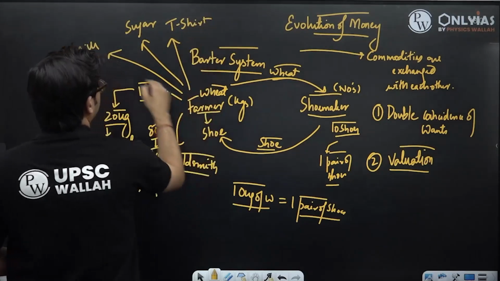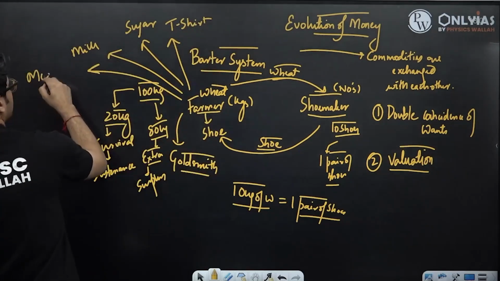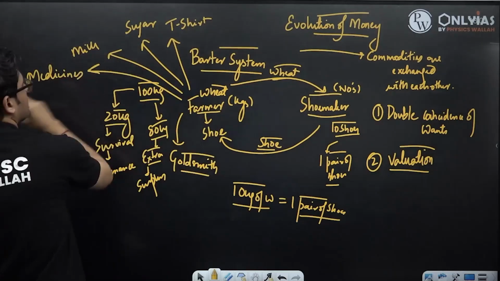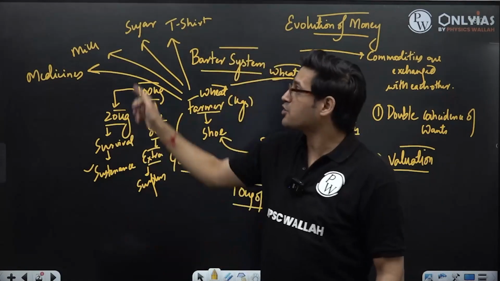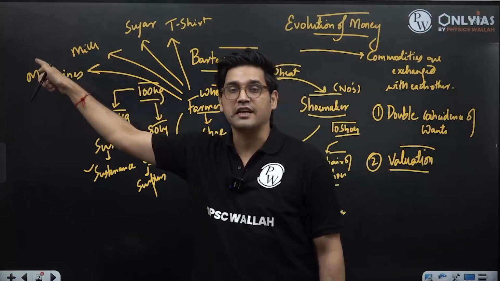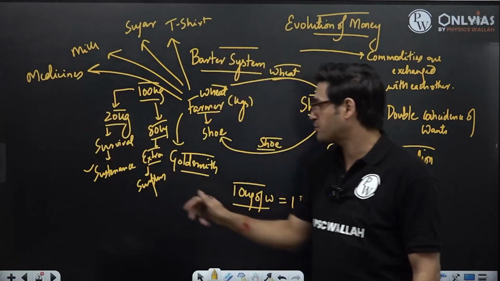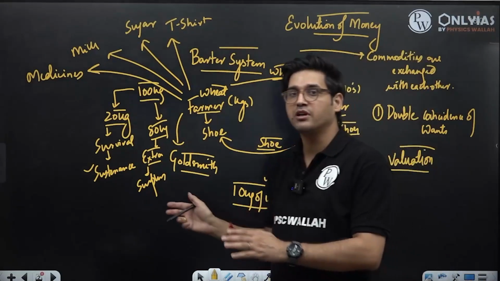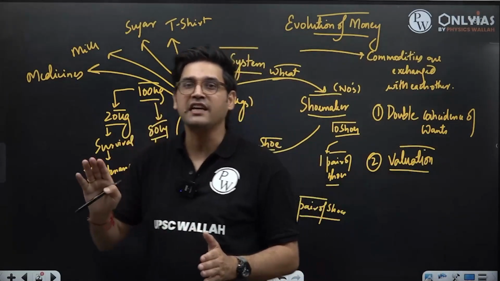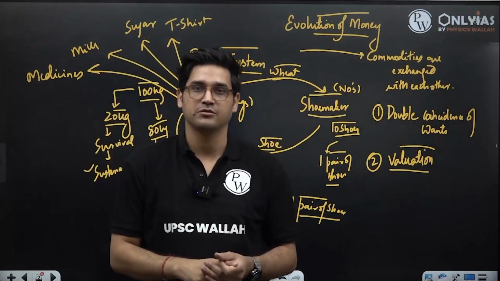I will want probably medicines when I feel sick, there are many things that I will want. Each of those things, their value will have to be expressed in the form of wheat. So I will have to remember the value of many items in the form of wheat.